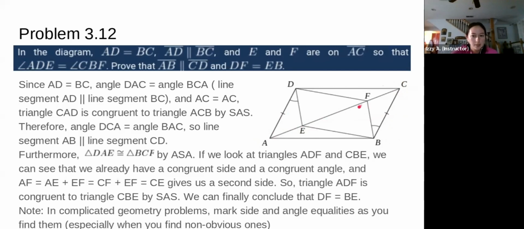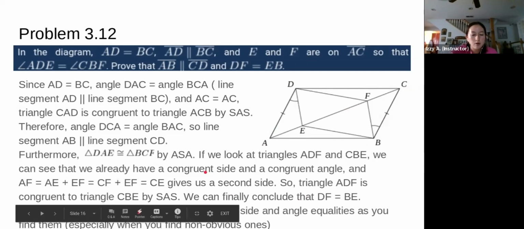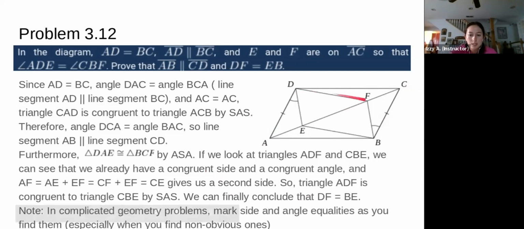And therefore that means that AF is going to be equal to CE, and that gives us a second side. So triangle ADF is going to be congruent to triangle CBE by side angle side. And on top of that, we can finally conclude that DF is equal to BE.